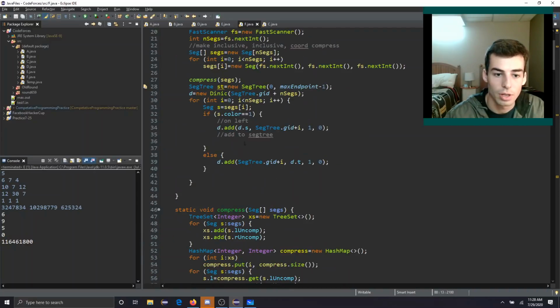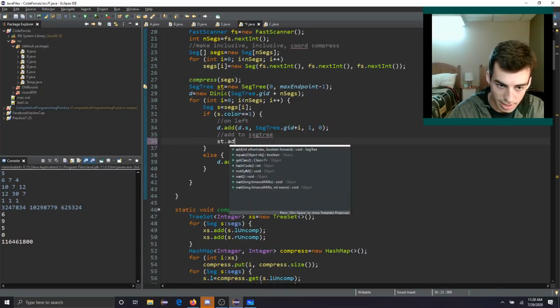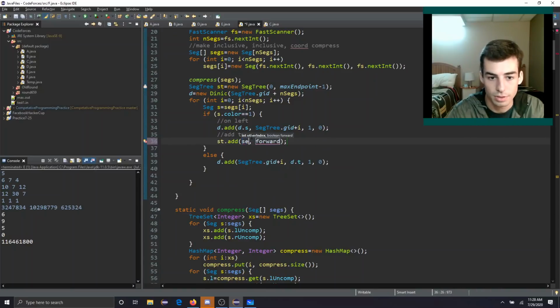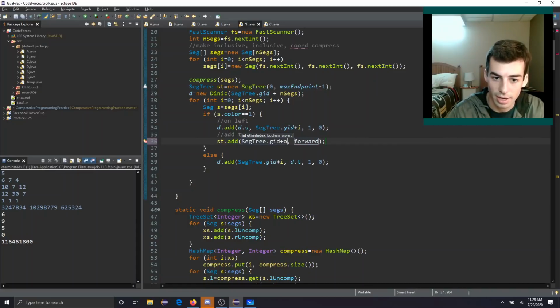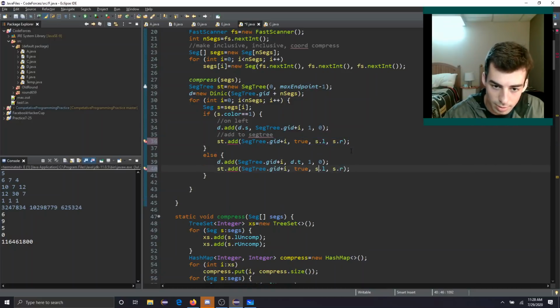Okay. So in this case, we want to do st.add from segtree.gid plus I, true. We also need the left and the right, s.l to s.right. And this is just the same thing, except it's false.